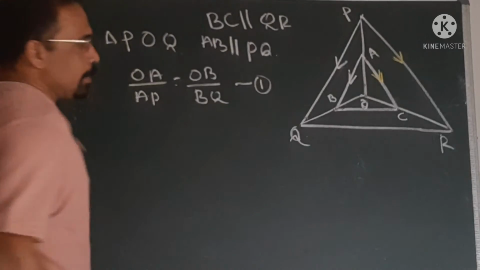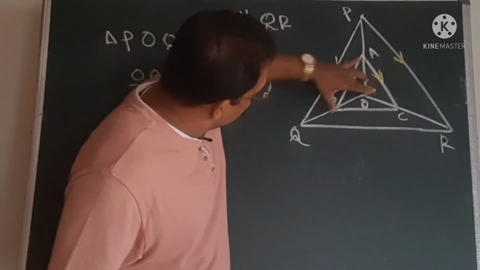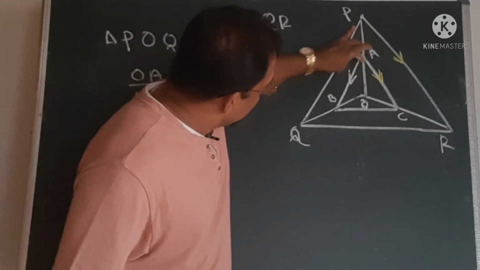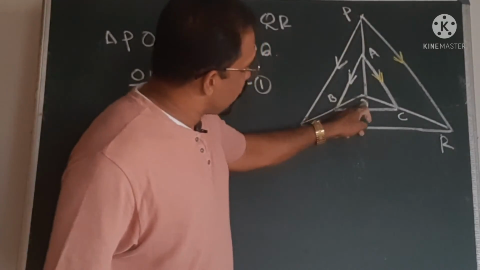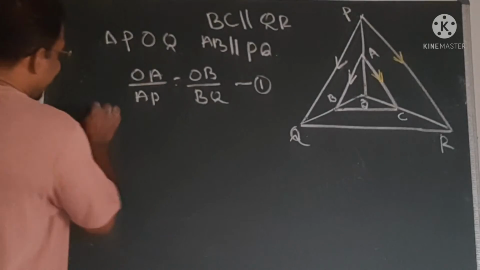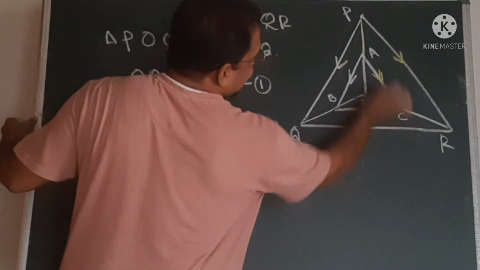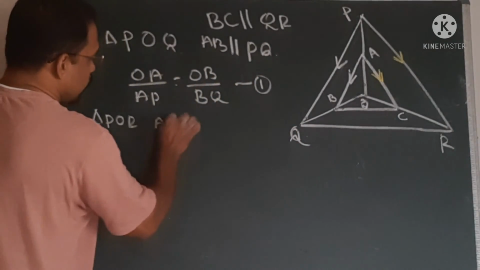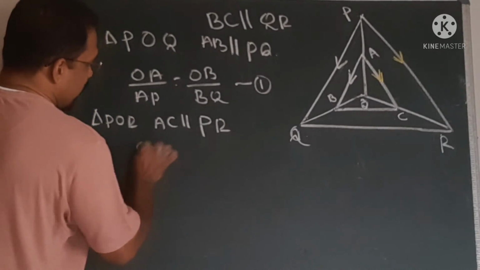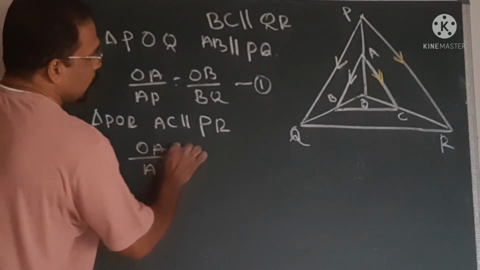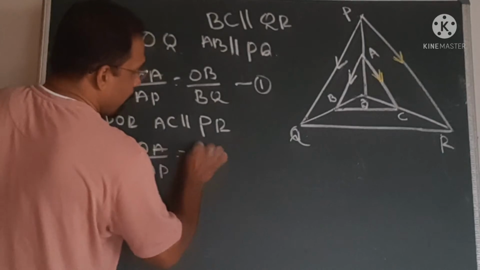Let it be equation number 1. This divided by this is equal to this by this, because AB is parallel to PQ. Now consider this triangle POR. In triangle POR, what is given to us? AC is parallel to PR. Therefore we can write OA by AP is equal to OC by CR.